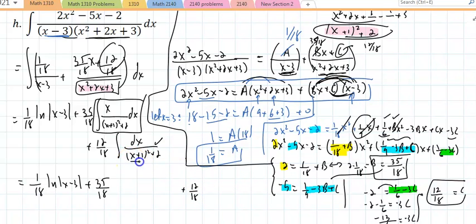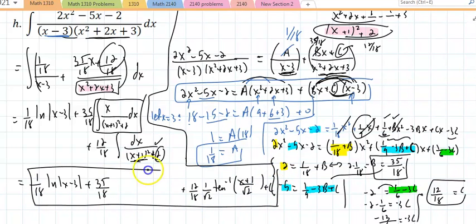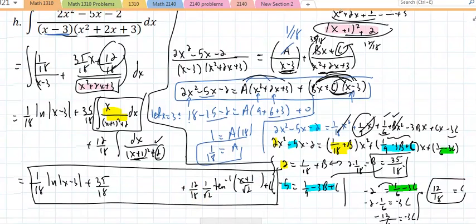But this is, what do you square to get 2, radical 2? 1 over radical 2, the inverse tangent of x plus 1 over radical 2 plus c. So pretty much, this is my final answer. There's only one piece left, and that piece is going to take a bit more work, just a bit, and let's do that.